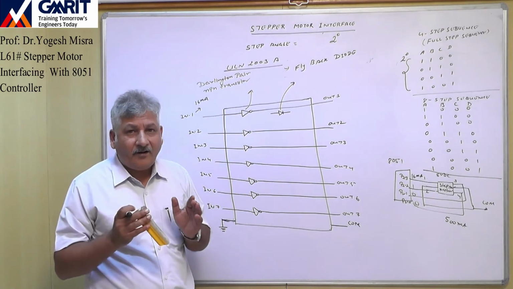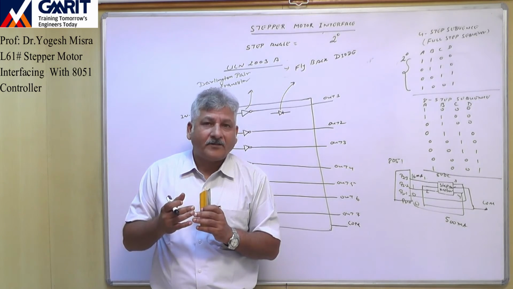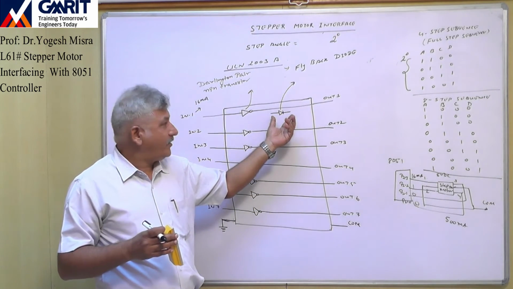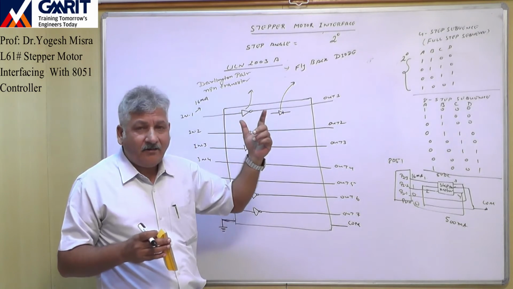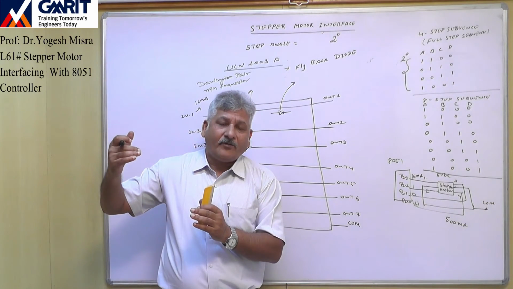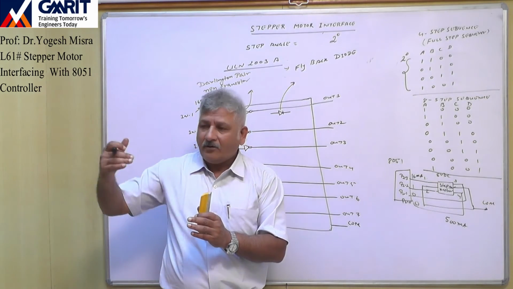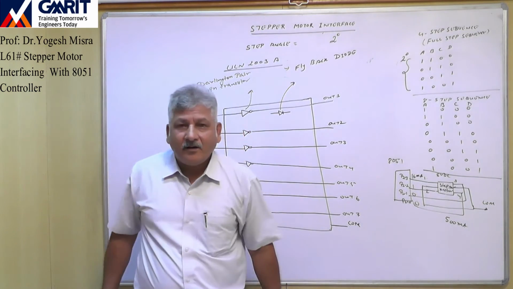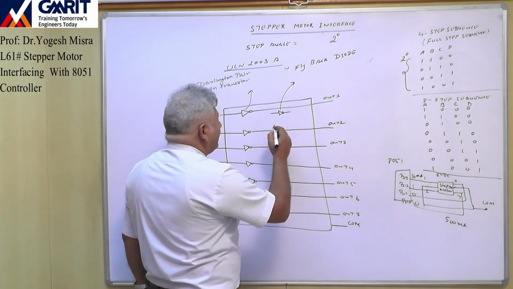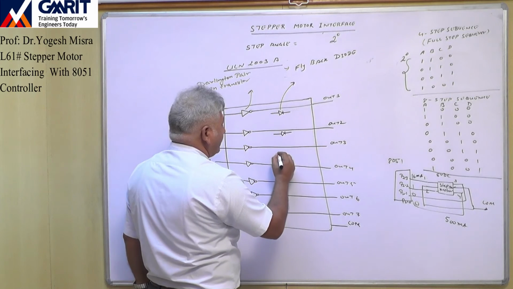So to prevent the damage to the port pins, we use flyback diodes. Since this diode is in reverse bias condition, it will not allow the high current generated while switching off the inductive load to enter the controller pin. So there are 7 flyback diodes.